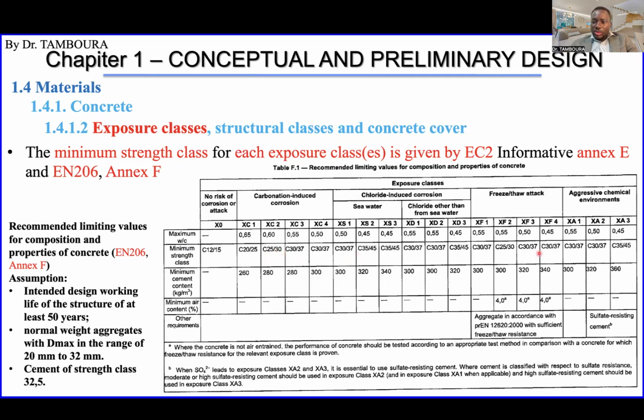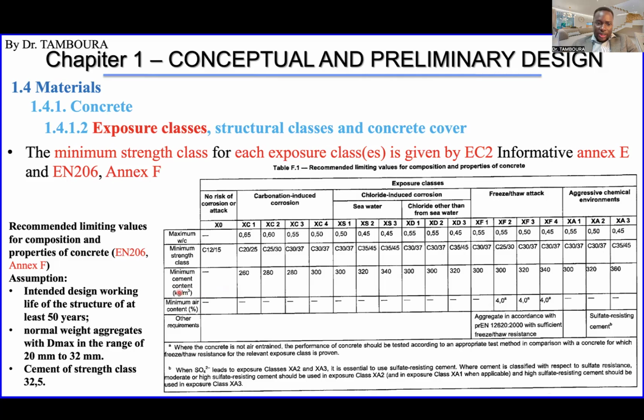If you don't understand what this strength class is, don't worry, I will explain this soon enough. But remember that C is for concrete, and 20, 25, for example, is just the compressive strength in megapascal. So these are the minimum strengths of concrete for each exposure class.